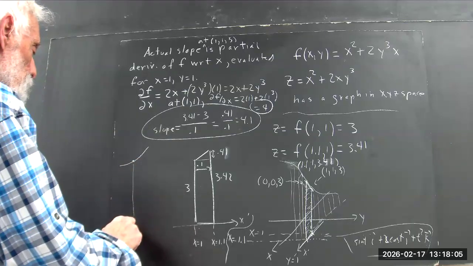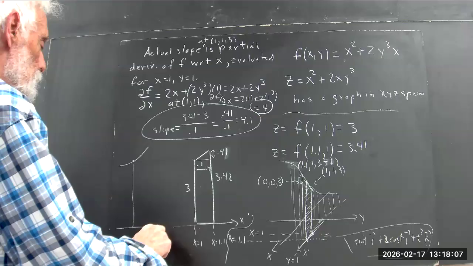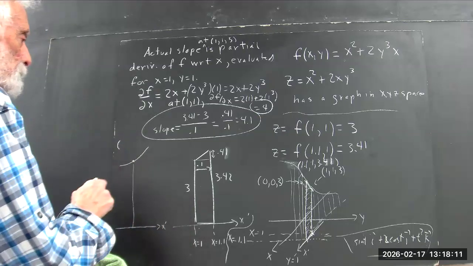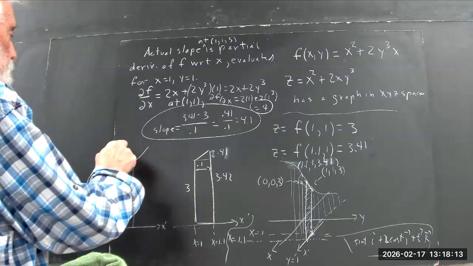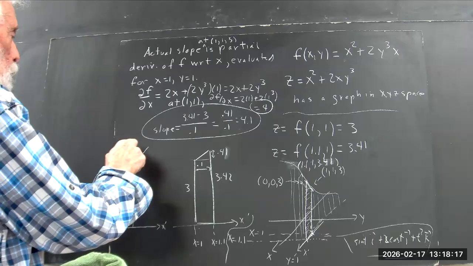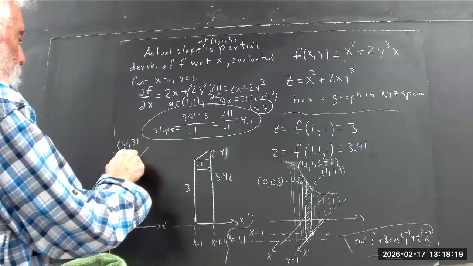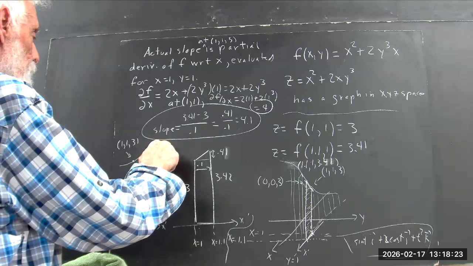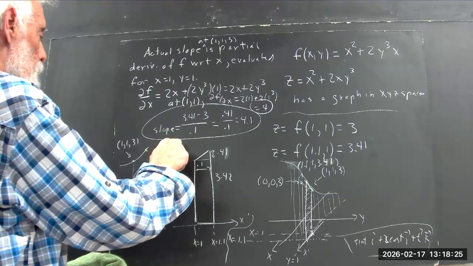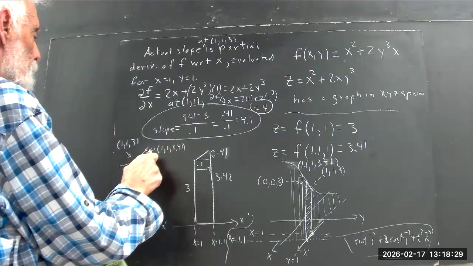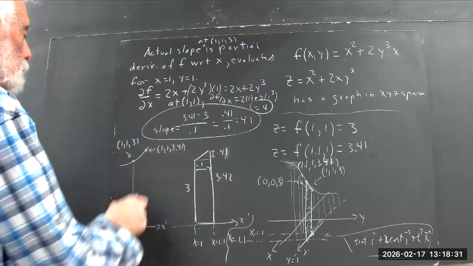So let me draw the picture. Again, here's your x prime axis. Here's your point, which is 1, 1, 3. And here's your point, 1, 1, 3.41.